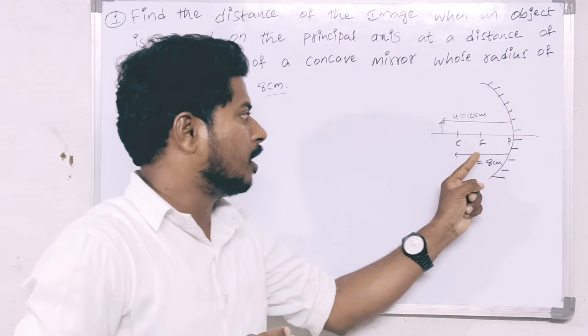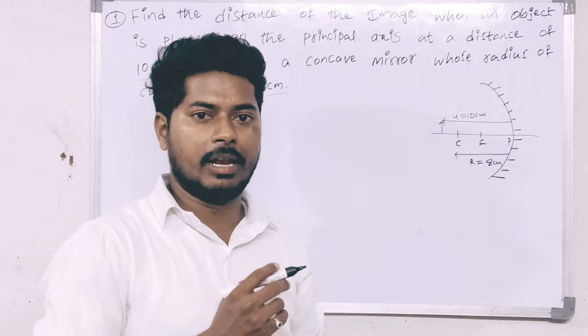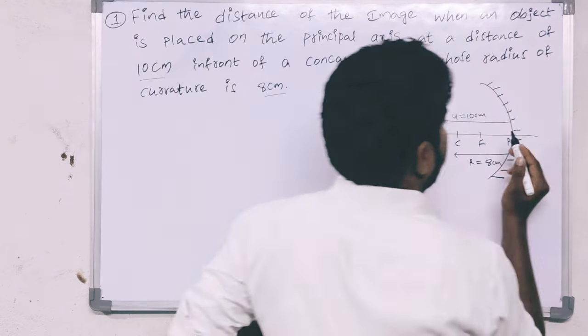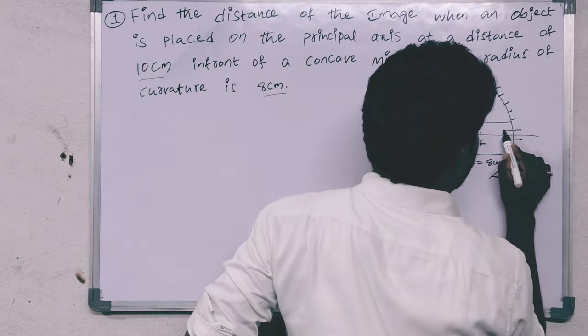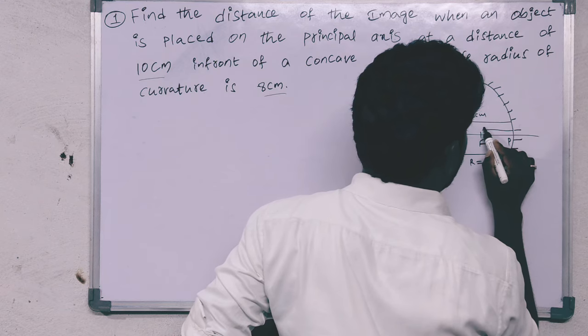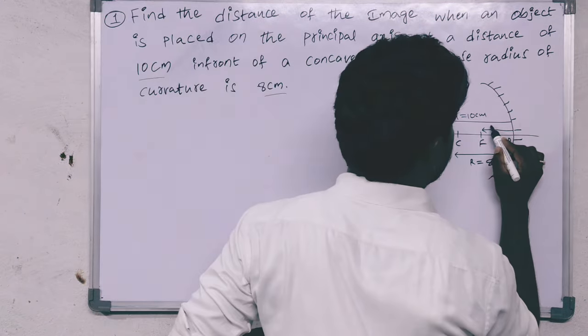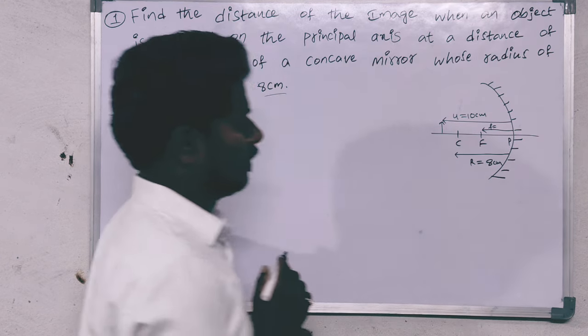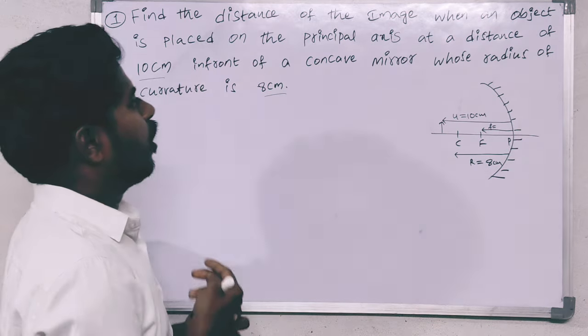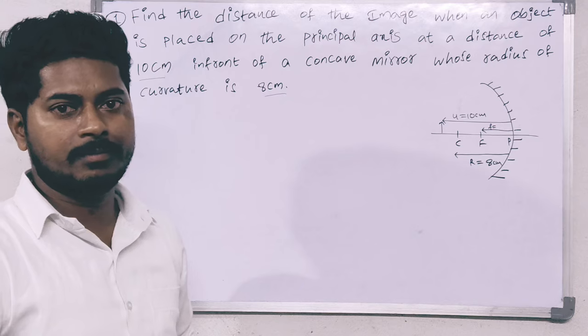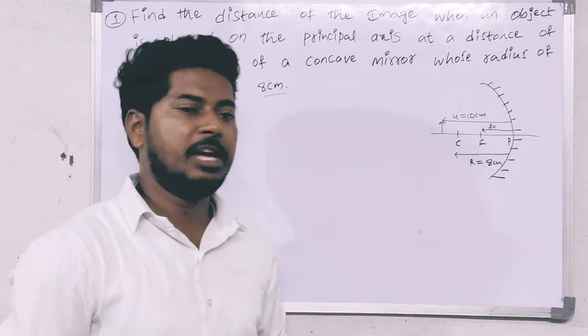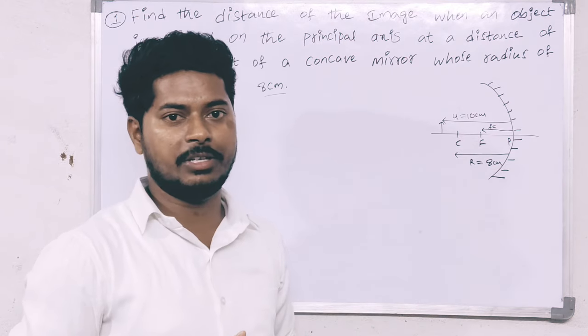The distance of the focus from the pole is called focal length. But focal length is not given in the problem. But we know the relation between focal length and the radius of curvature.